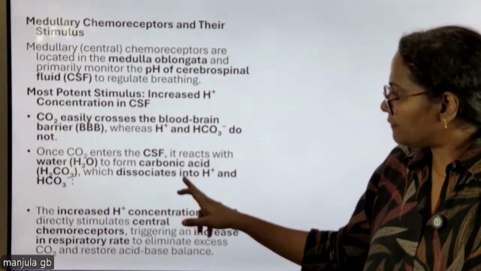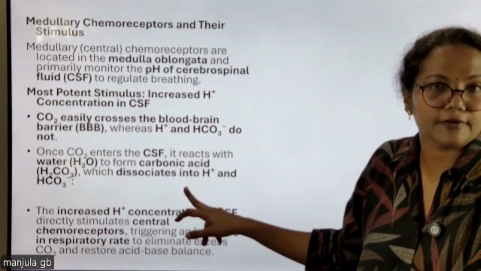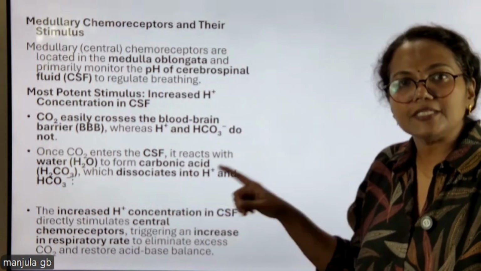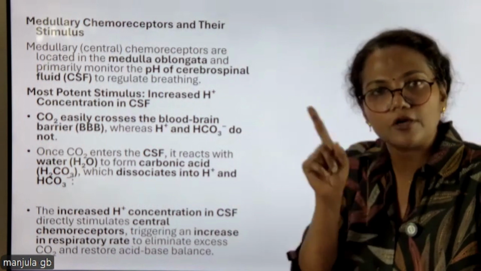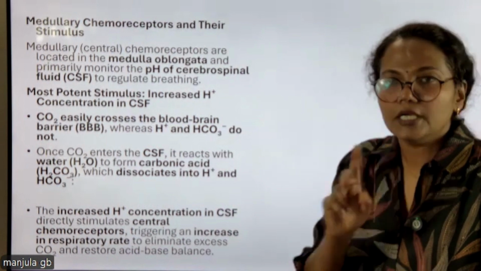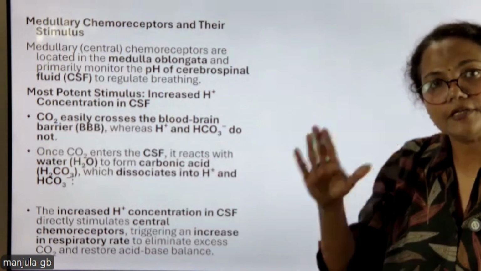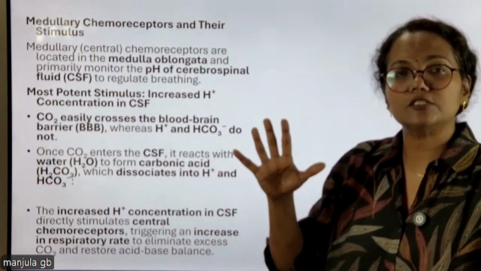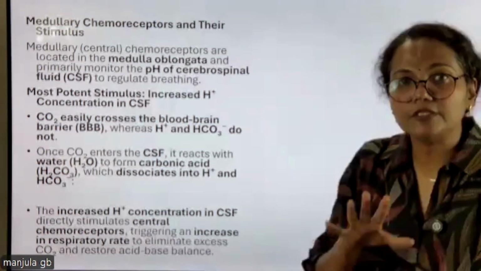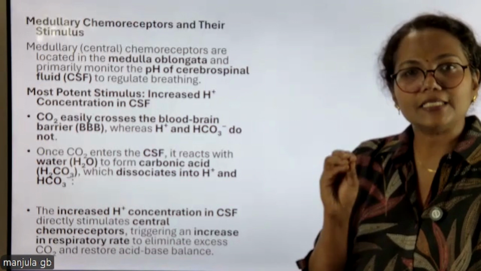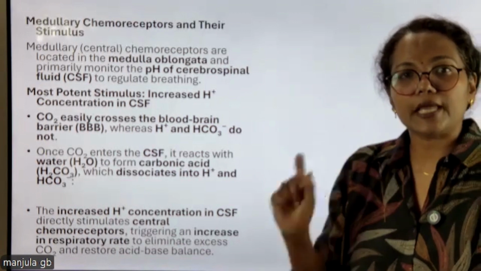Now, you have plenty of H+ ions here, which is already present in the CSF. Is that clear? H+ alone cannot cross the blood-brain barrier. It is the carbon dioxide that crosses and reaches the CSF, where it reacts with water, forming the weak carbonic acid.